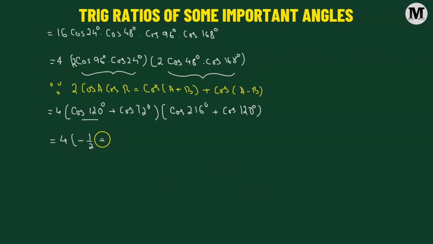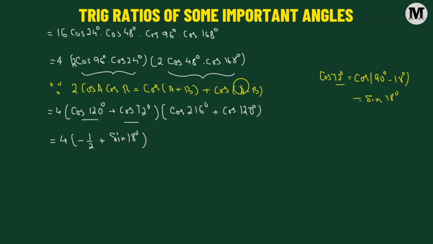Okay, fine. So now we have 4 times cosine of 120 degrees, which has a standard value of -1/2, added to cosine 72 degrees. We know that cosine of 72 degrees is equivalent to sine 18 degrees, because we can write 72 degrees as 90 degrees minus 18 degrees, and cosine of 90 minus theta is simply sine theta. So we can replace cosine 72 with sine 18 degrees.